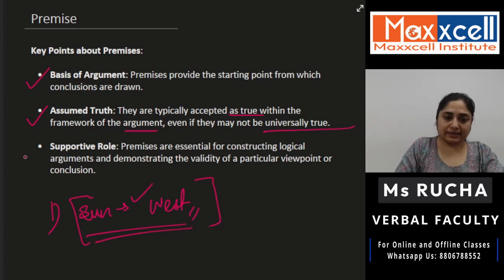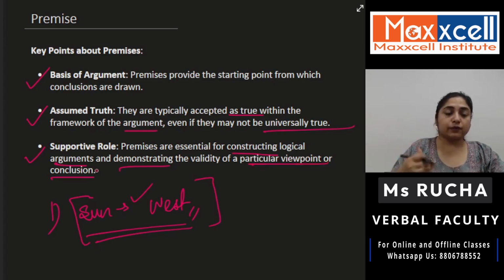Okay, it has a supportive role. Premises are essential for constructing logical arguments. The sequencing, or you can say the flow of logic, is very important, and premises help you do that, right? And demonstrating the validity of a particular viewpoint or a conclusion.